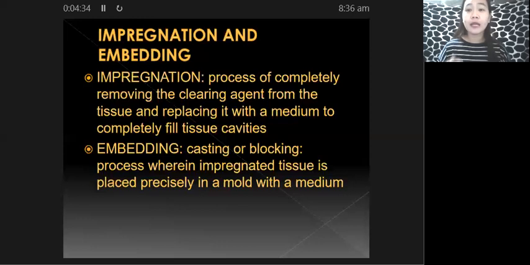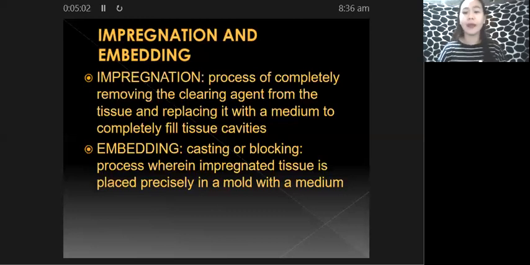It will determine whether we are able to produce a cross section or a longitudinal section of your tissue sample. So it all depends upon the proper orientation of your impregnated tissue sample during embedding.